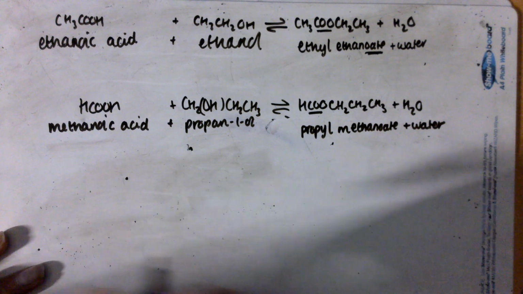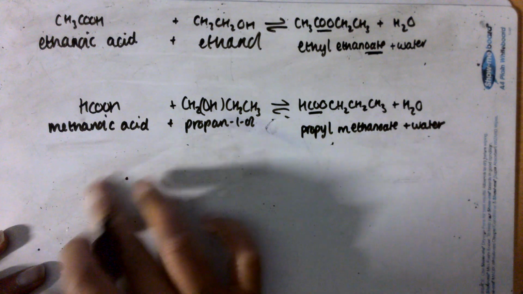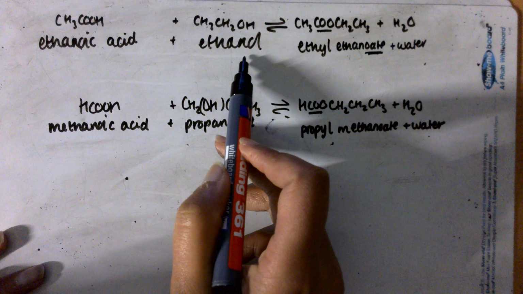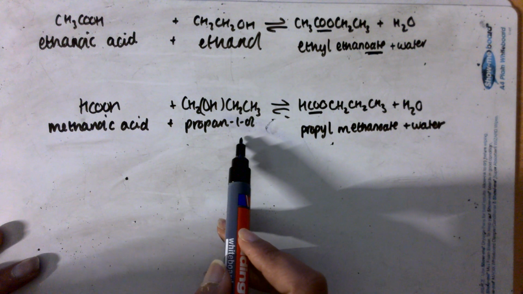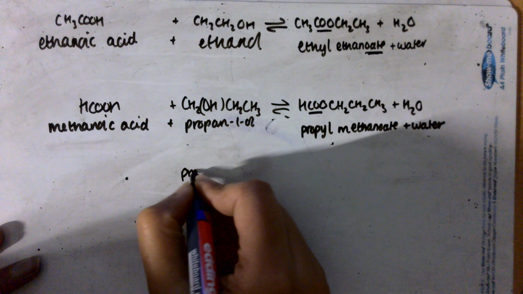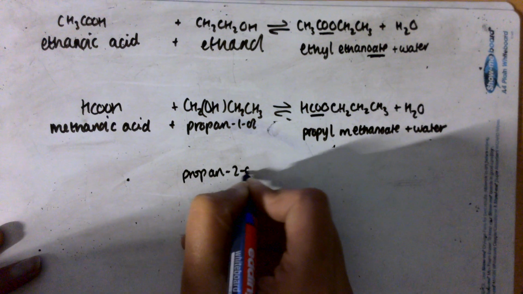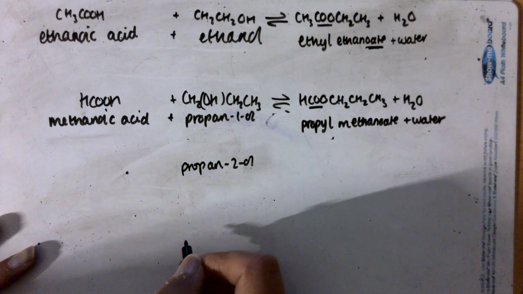So that's that part, just with regards to naming and writing them out. A trick that it sometimes asks you is, this has worked because the OH is on carbon 1. Sometimes they might give you something where it's propan-2-ol, and I'd always suggest drawing it out first.